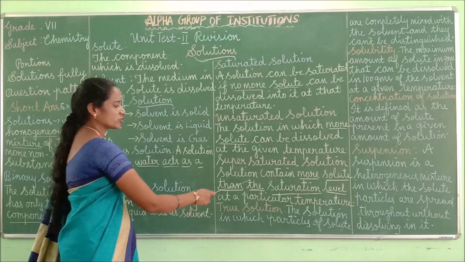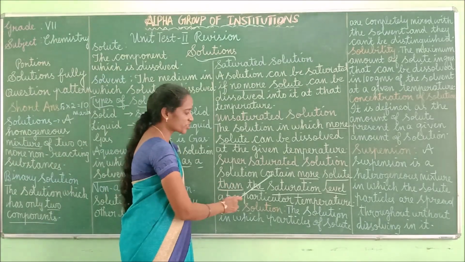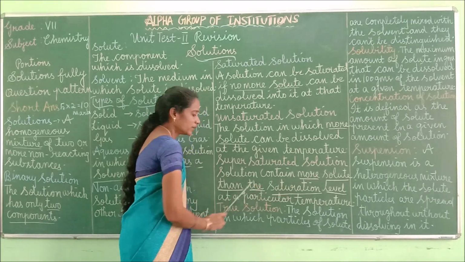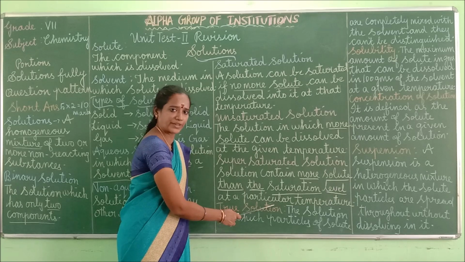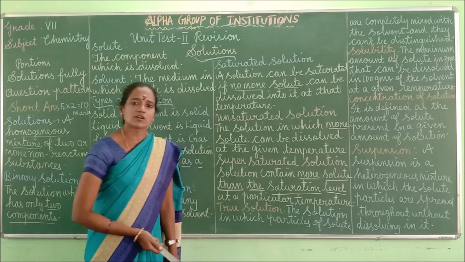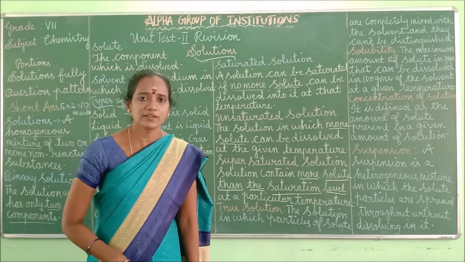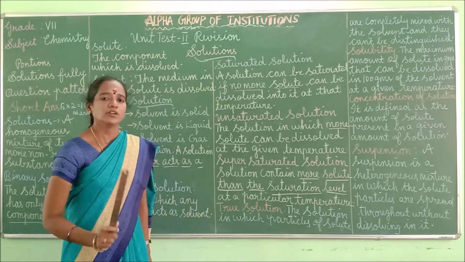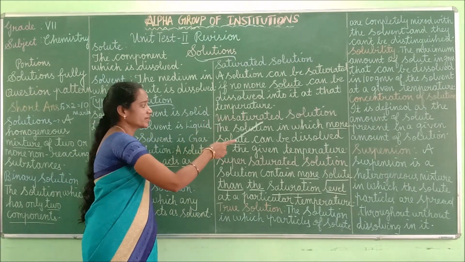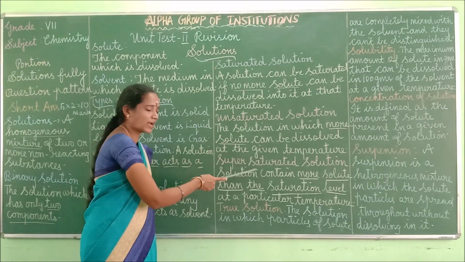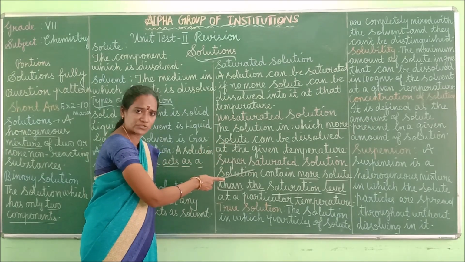So supersaturated solution means a solution contains more solute than the saturation level at a particular temperature. Such solutions are called supersaturated solution. Got it, children? Now you know the differences between saturated solution, unsaturated solution and the supersaturated solution, right?